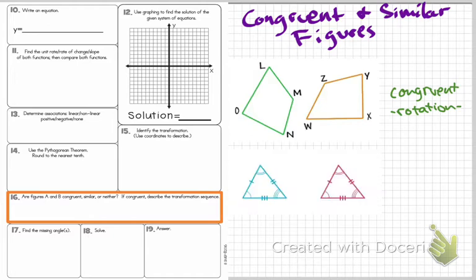We can also have figures that look exactly like this, and in this case, these are congruent figures that have been translated. The orientation is the same, it's simply the location or the position that has changed in this example. And one of the things that you're going to notice on this triangle is we've got some curved lines on our angles, and we also have some lines that run through those sides.